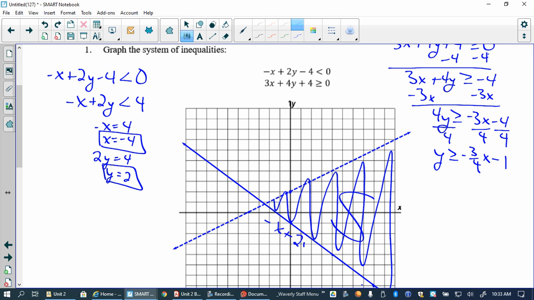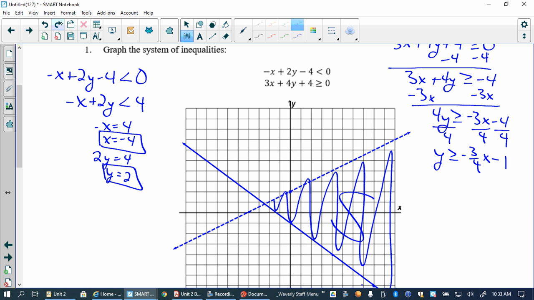I just lost track. Okay, no, that's this one. So -x plus 2y minus 4 equals 0, and this one is 3x plus 4y plus 4 equals 0. All right?